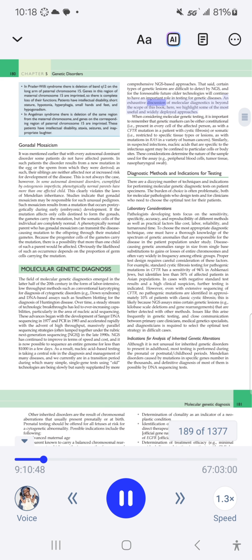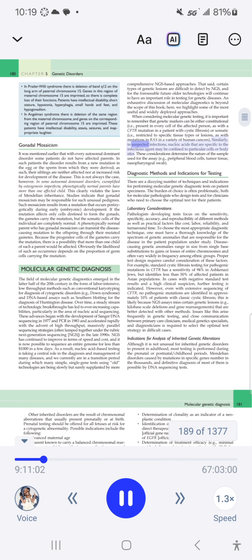An exhaustive discussion of molecular diagnostics is beyond the scope of this book. Here, we highlight some of the most useful and widely deployed approaches. When considering molecular genetic testing, it is important to remember that genetic markers can be either constitutional, i.e., present in every cell of the affected person, as with the CFTR mutation in a patient with cystic fibrosis, or somatic, i.e., restricted to specific tissue types or lesions, as with mutations in RAS in a variety of human cancers.